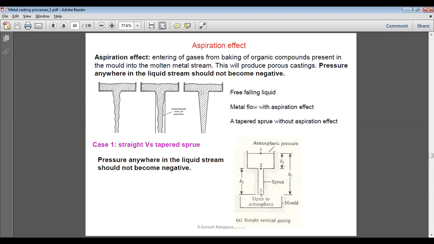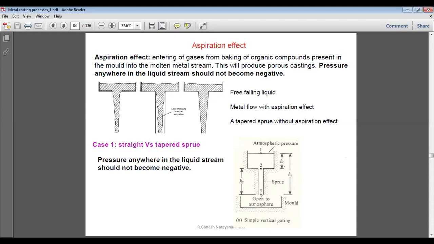So we must have a free falling liquid, and for this we need different cross-section areas of the sprue: a big cross-section area at the start of the sprue and a lower cross-section area at the end of the sprue. Otherwise, if it is parallel, it will create negative pressure, and this is not good.